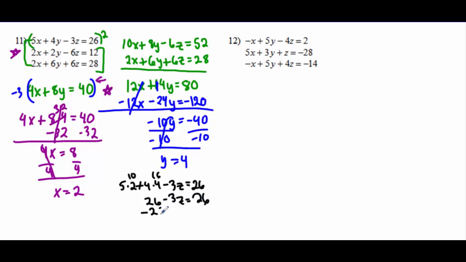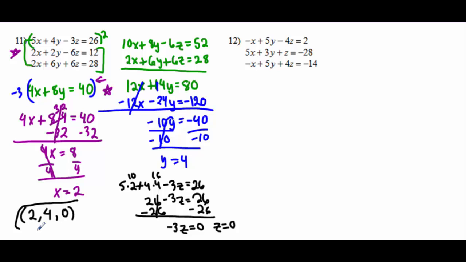When I subtract 26 from each side, that makes my number cancel out. I get negative 3z equals 0, which may freak you out at first, but that just means that z has to be 0, because when I divide by negative 3, that's what I get. And that's okay. That doesn't mean that it's no solution. It means that z just happens to be 0.